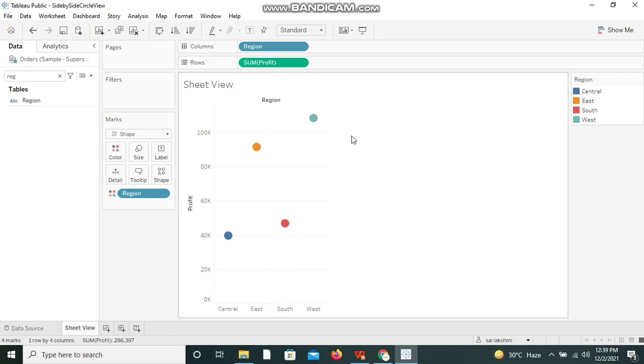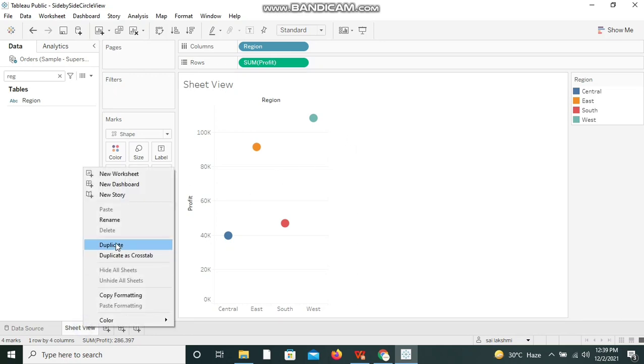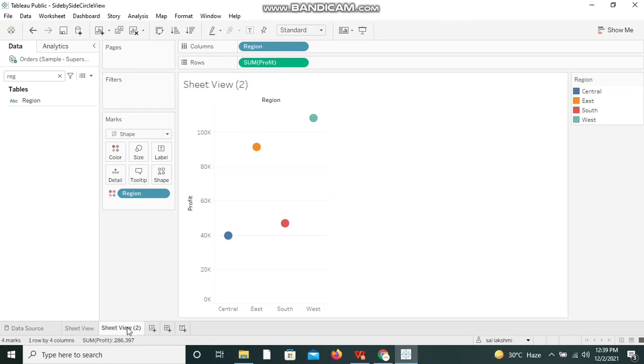Now I want to get a much deeper analysis, so I'm going to create a side by side circle chart. So I'm duplicating the same sheet, naming it as side by side circle chart.